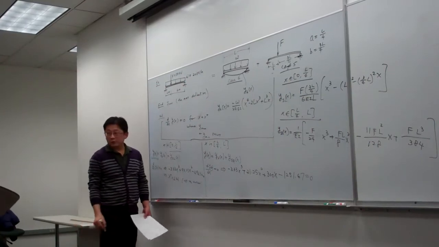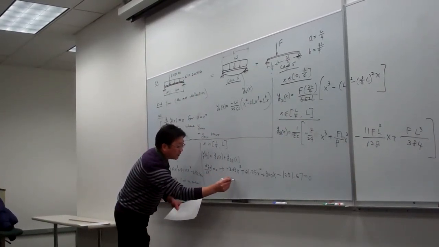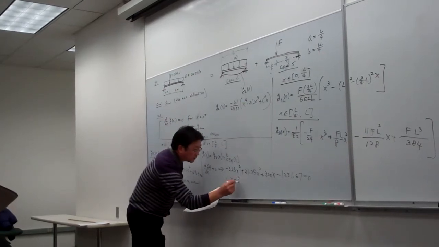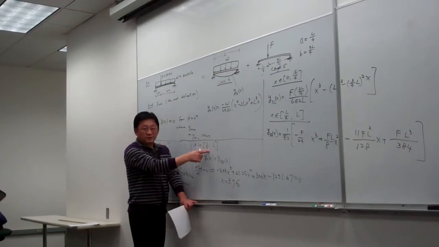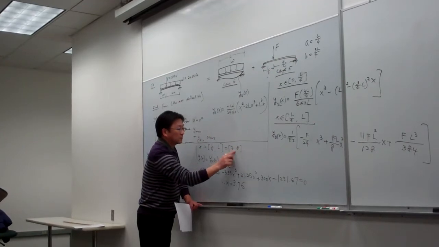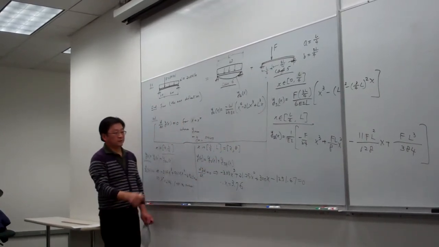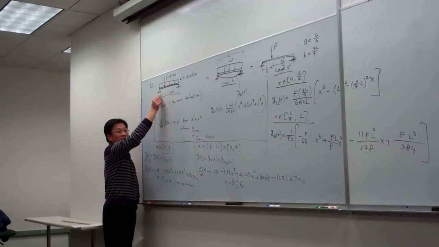That is this polynomial equation, and the root is x equal to 3.76. This value falls into this range, 2 to 8. Therefore, the maximum would occur in the right range, not in the left range.